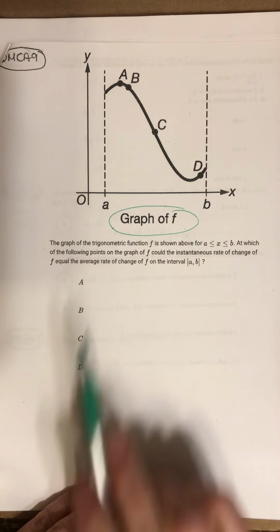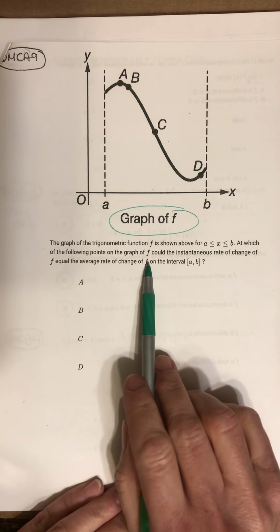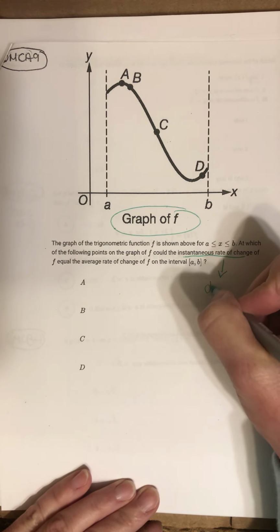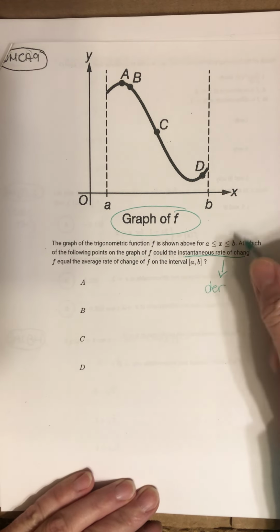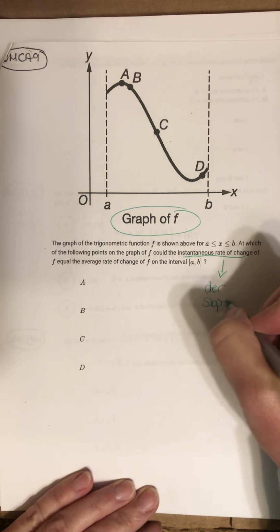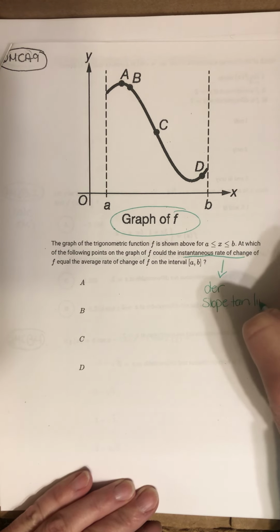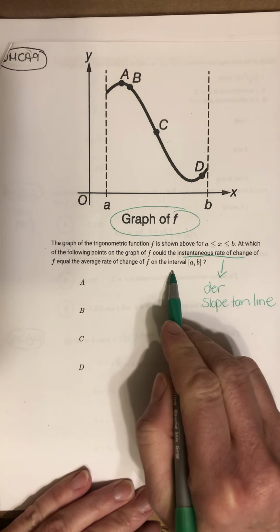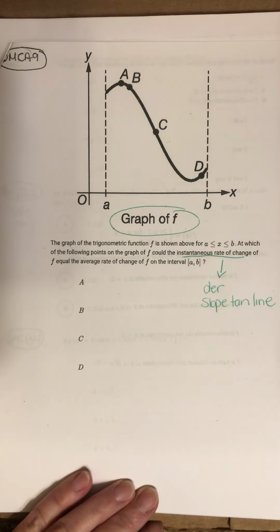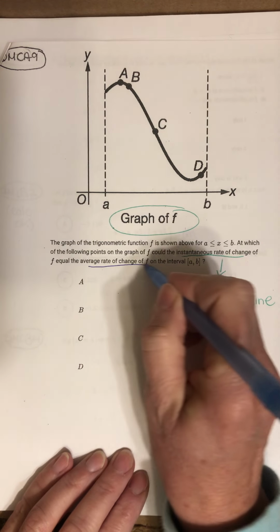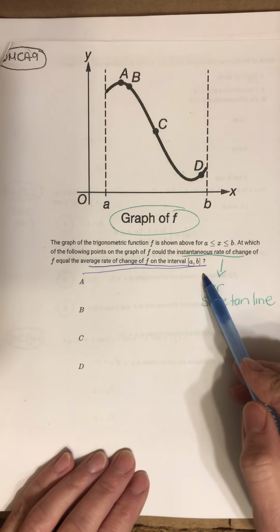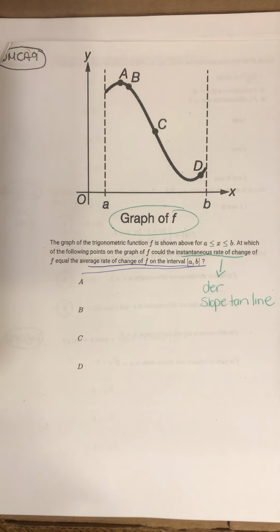At which of the following points on the graph could the instantaneous rate of change, that's a derivative, that's the slope of a tangent line, equal the average rate of change of f on the interval AB? Let's underline this in blue: the average rate of change of f on the interval from A to B. What does that look like? Well, it looks like this.